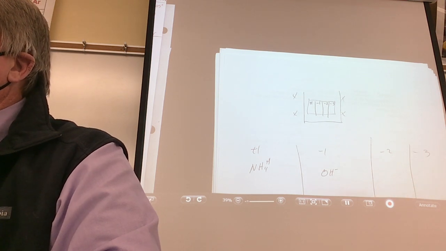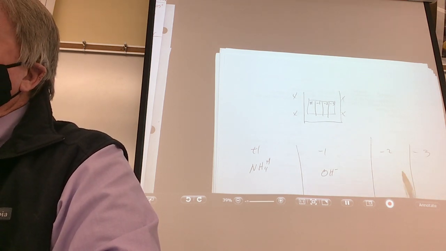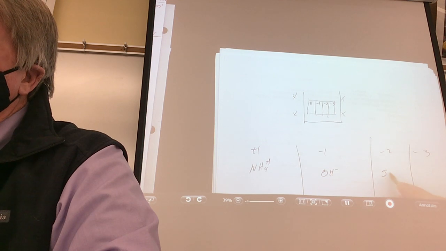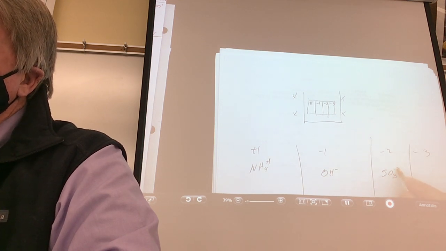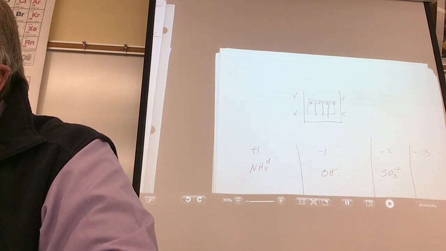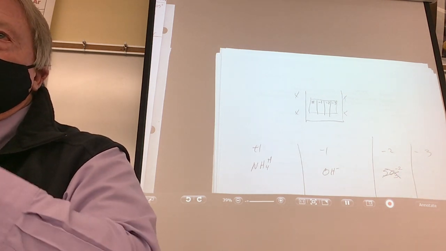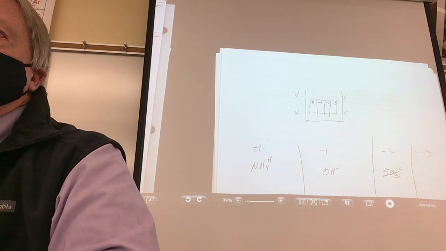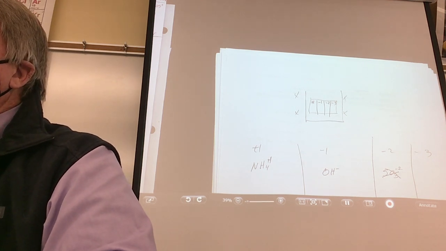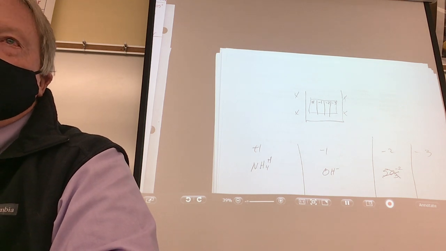The next person's turn. So you got 3 people fighting for each other, okay? The next person does this. Sulfate. Judge says no. That person's out of the game. Now the next 2 people keep going to find out who can win. Now this game won't last very long at the beginning because some of you don't know these.